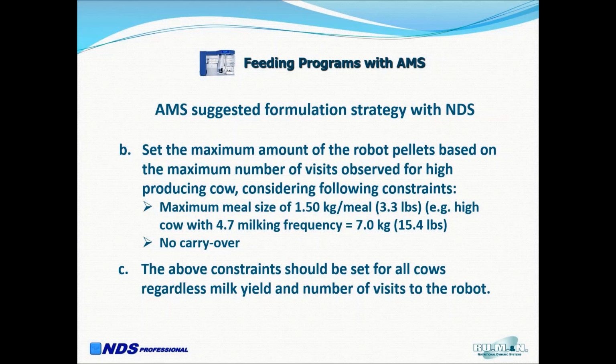In other words, I provide a minimum even if my cows produce less than the average, and I set the maximum to 15 or 16 pounds per day, even if my cows produce more milk than we can cover through this supply.